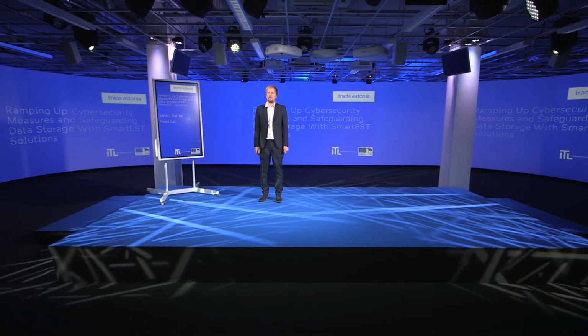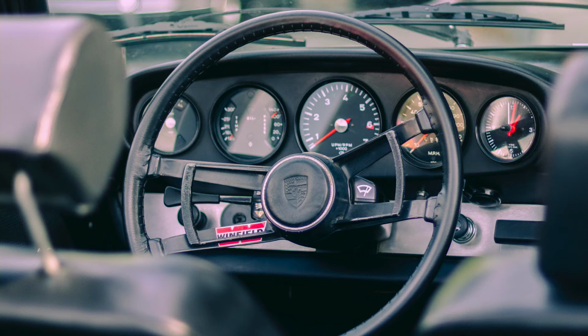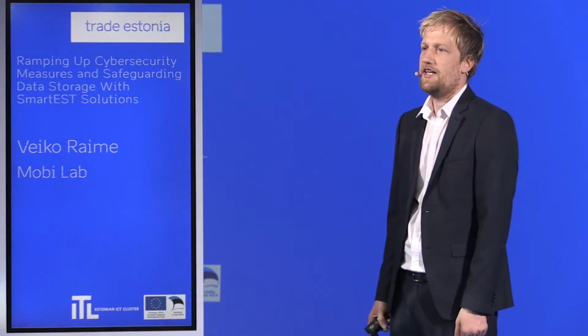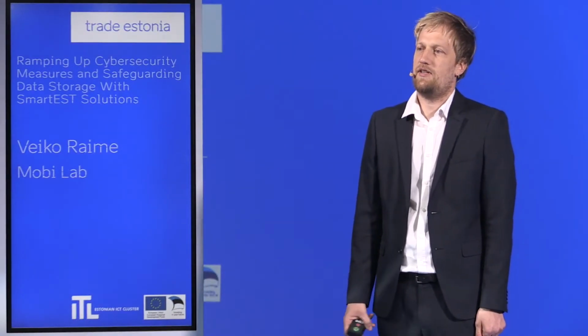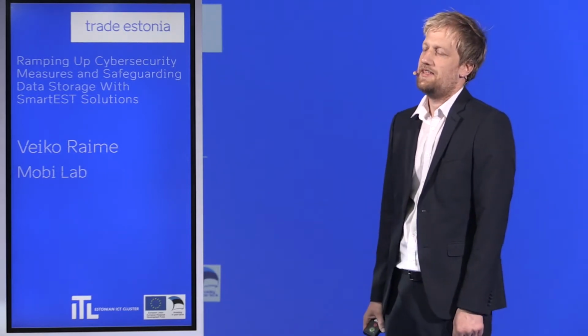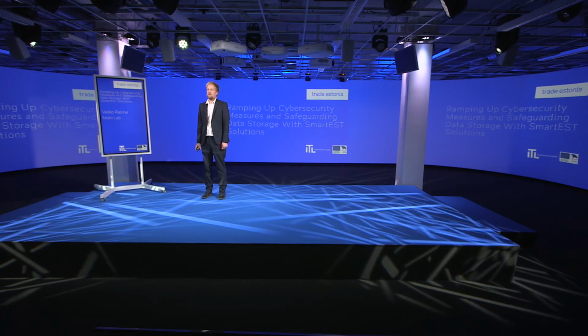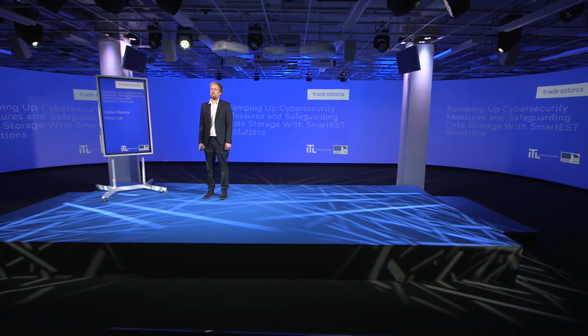I come from a company called Mobi Lab, and today I will talk about how to build a business intelligence dashboard for small and micro businesses. When we drive a car, we tend to continuously check on the speed. So if the curve is ahead, we slow down just a little bit to pass the curve and then accelerate again. When I work with small companies, I tend to see that we drive our businesses half blindly.